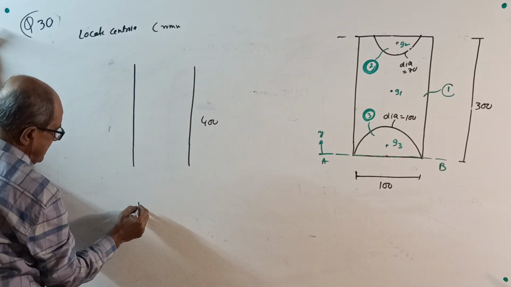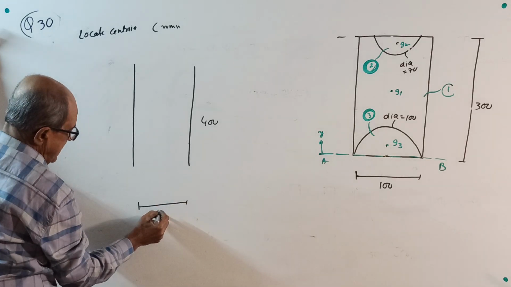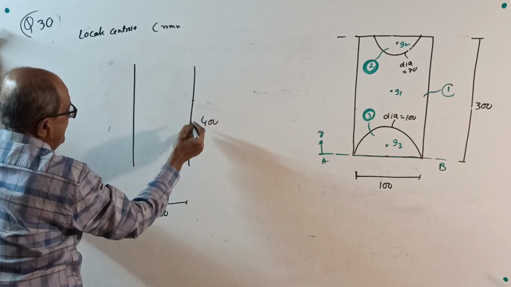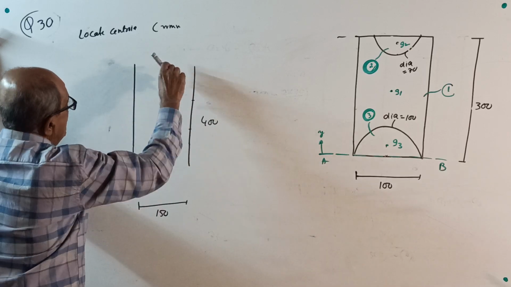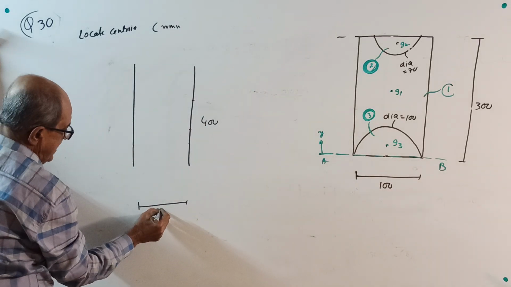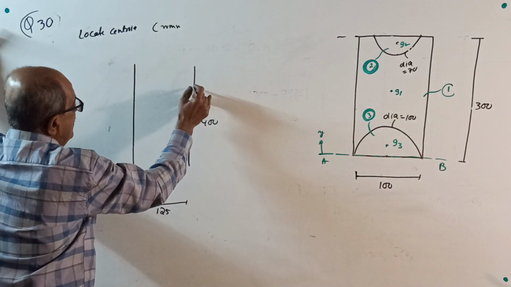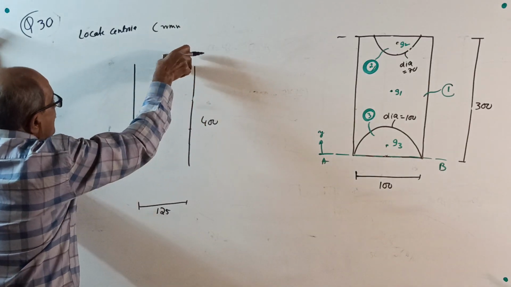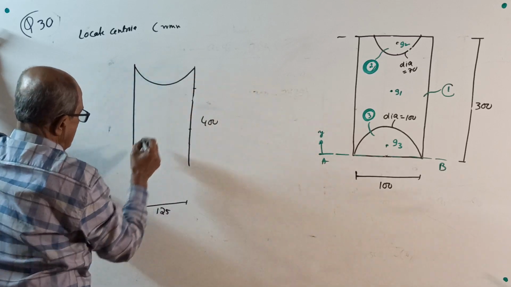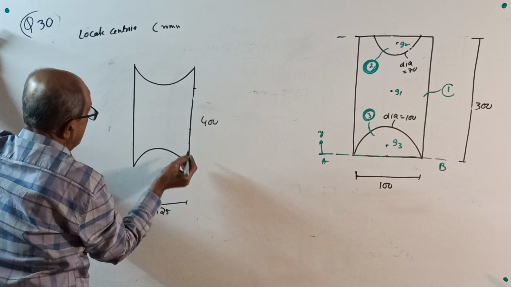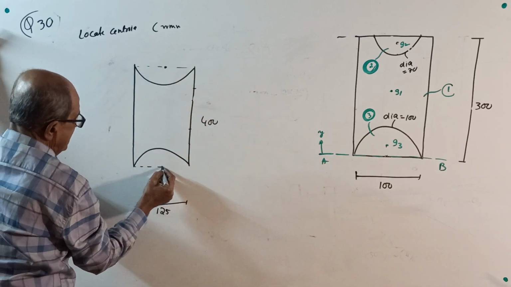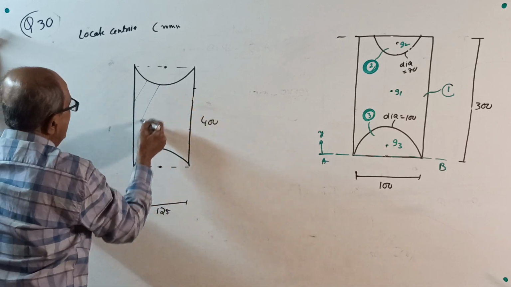This width is 150. Not 150, it is 125. Over. This is a semicircle, center here. This is the lamina.